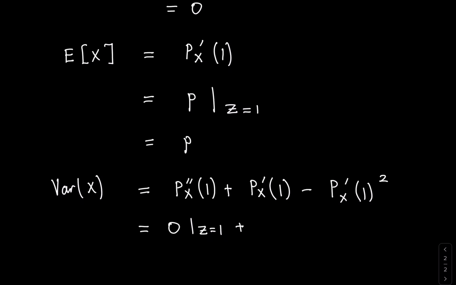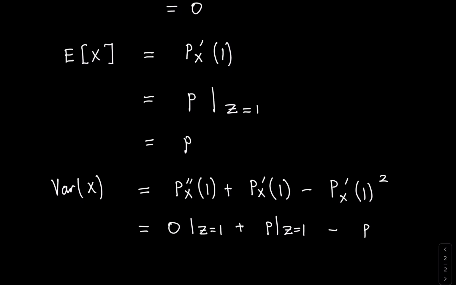Then, of course, we have the first derivative evaluated at 1. Now, we actually calculated that first derivative evaluated at 1 all the way up here. That was equal to p. But for the sake of argument, I'm just going to write p evaluated at z equals 1 again.